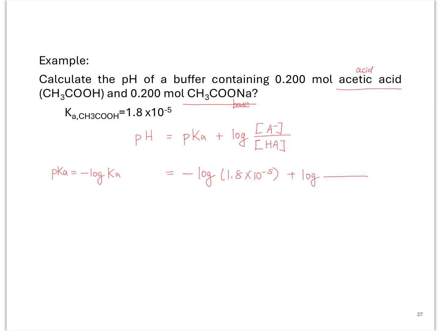So how do we get these concentrations? We don't know them, but we know the mole ratio. Since they are in the same solution, they have the same volume, so the mole ratio equals the concentration ratio. What we have here is 0.200 divided by 0.200. So that value will be plugged into the calculator. The answer here is 4.74.